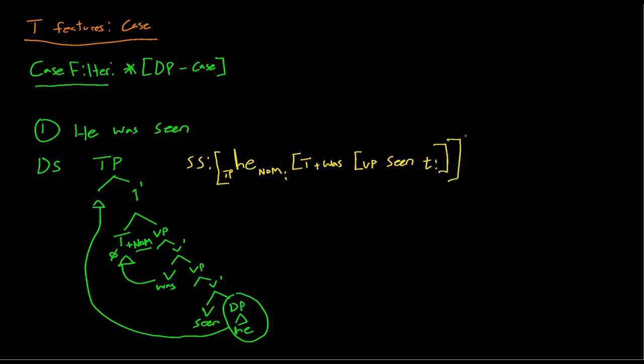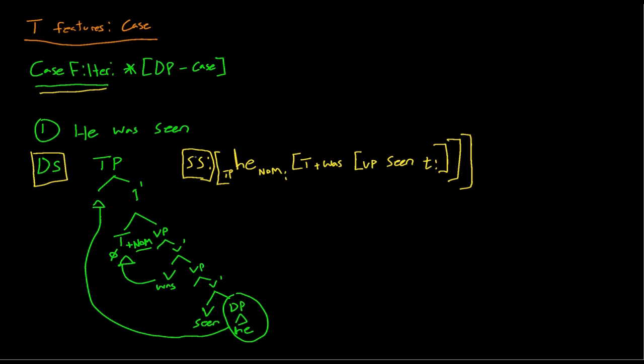So you'll notice that on this approach, according to the case filter, we must assume that there are these two distinct levels of representation. And the reason we have to assume this is because we've said that first, lexical items are inserted according to their theta rules, and second, they must pick up case derivationally.